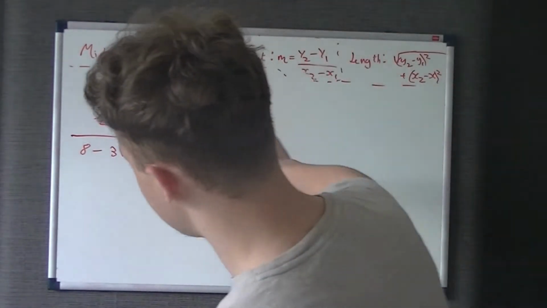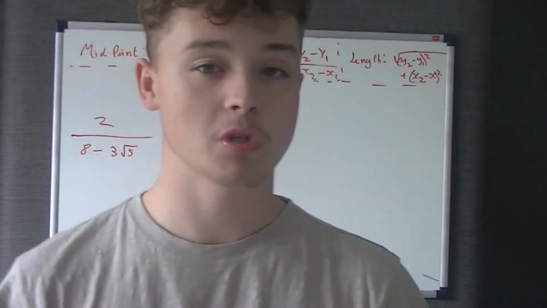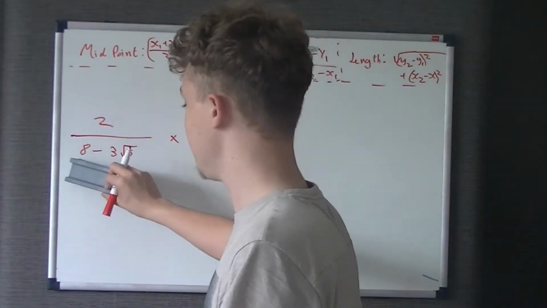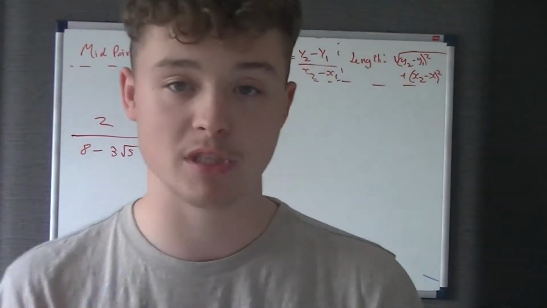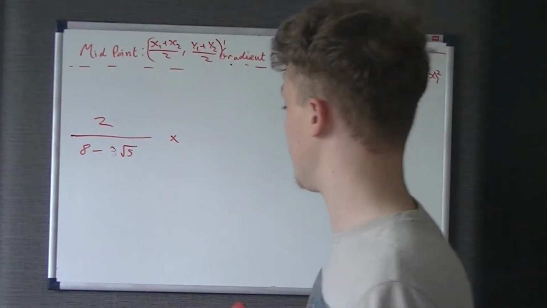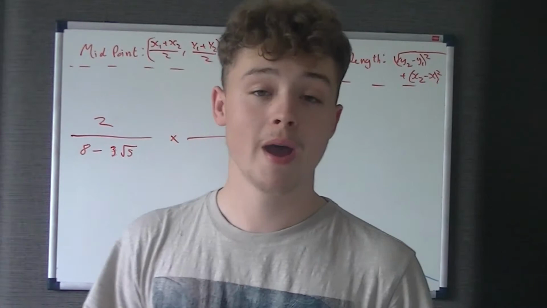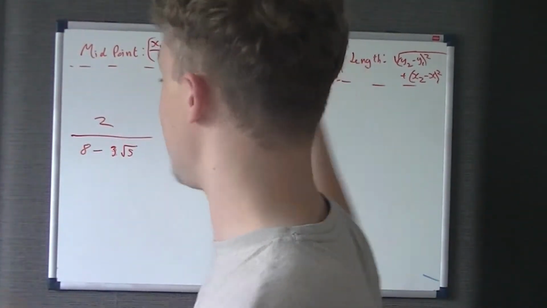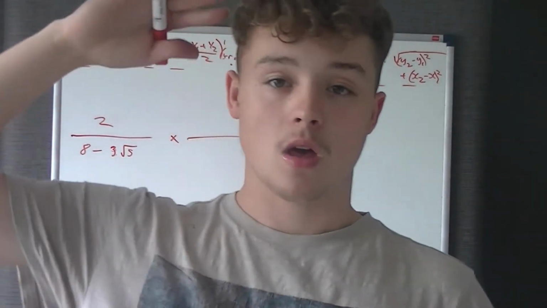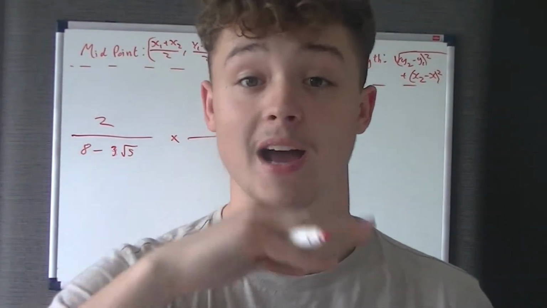So we need to transfer this surd on the bottom to the top. We do that by timesing it by, if this is 8 take 3 root 5, we times it by 8 plus 3 root 5. So we change the sign in front of the surd. We do it both top and bottom, because 8 plus 3 root 5 over 8 plus 3 root 5 gives you 1.